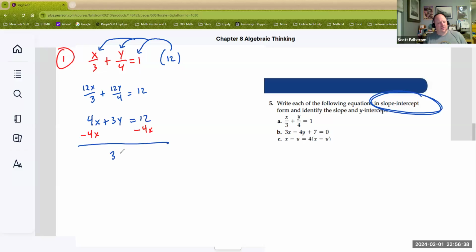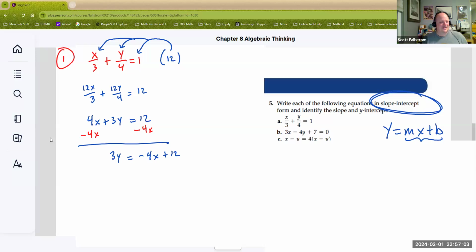What remains is 3y equals negative 4x plus 12. You could also have said 12 minus 4x, but slope-intercept form is y equals mx plus b, at least in this country. In other countries, it's a plus ax plus b or a plus bx, just so you know. Just be aware of that. Not every student's going to come from the same place.